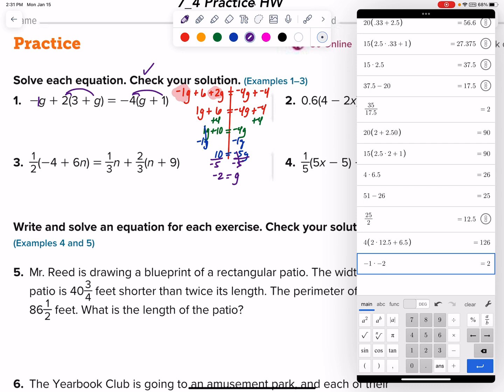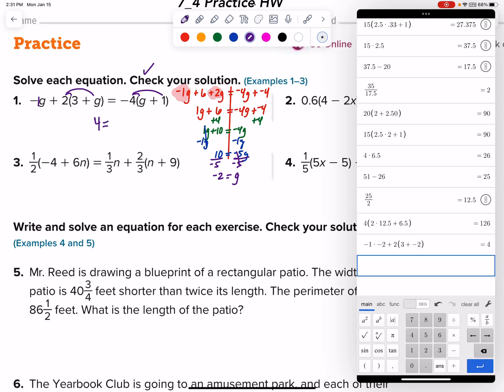That's what that is. So it's technically just 2 plus 2 times a quantity of 3 plus -2. Close parentheses. So we have 4 equals, let's hope the right side equals 4. -4 times the quantity of -2 plus 1. Yay, 4 equals 4. There's my check. So you got to have proof of that.